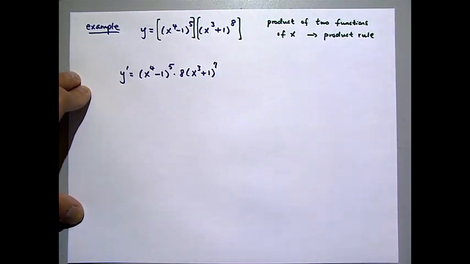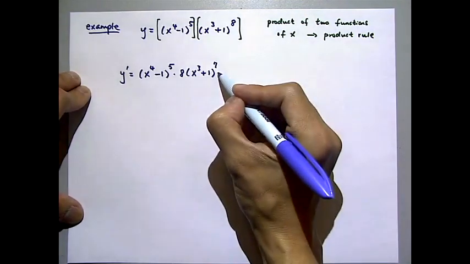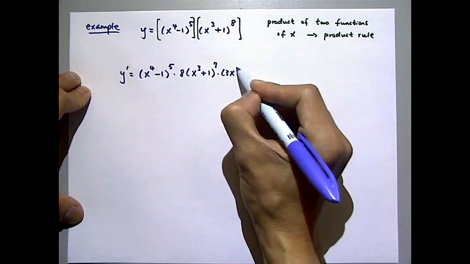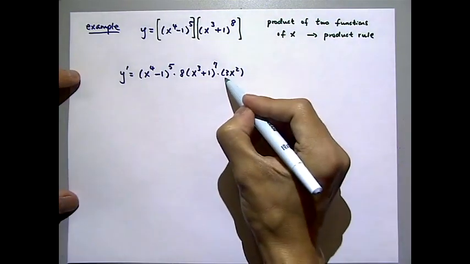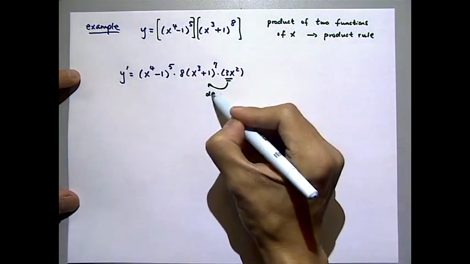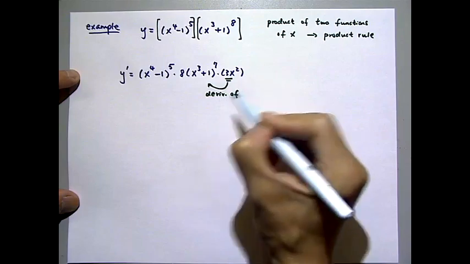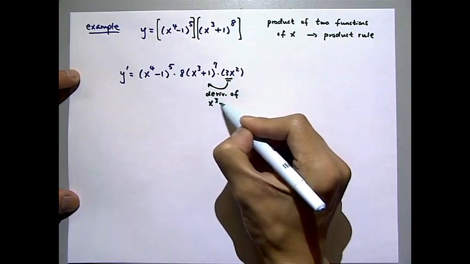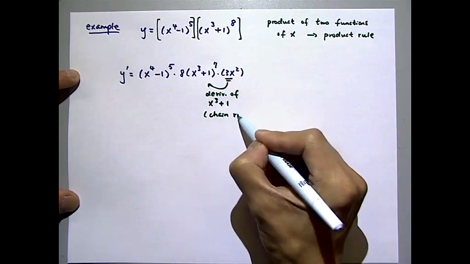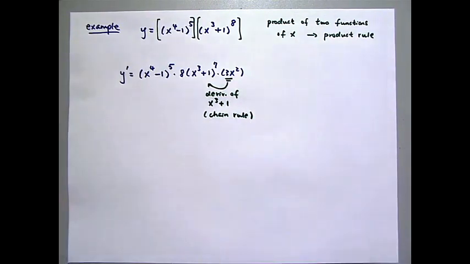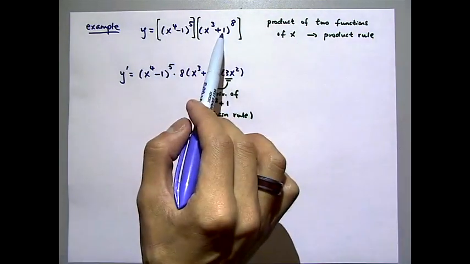What do I need here? 3x squared, right? So this is the derivative of x cubed plus 1. And the reason we have it is because of chain rule. Okay, so that's the first part of the product rule. First thing times the derivative of the second.